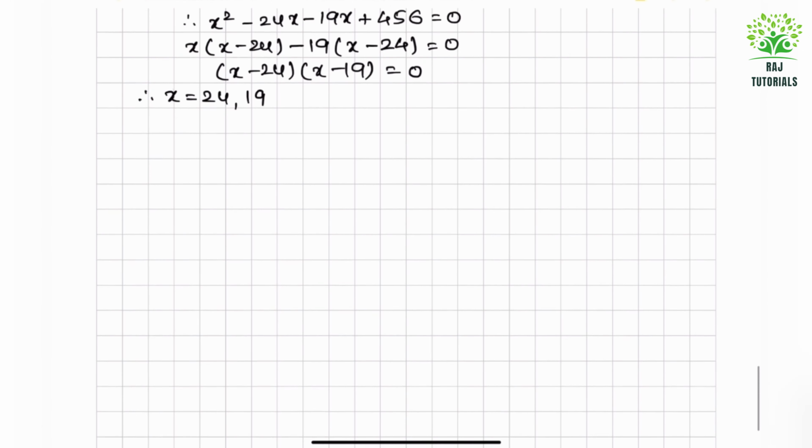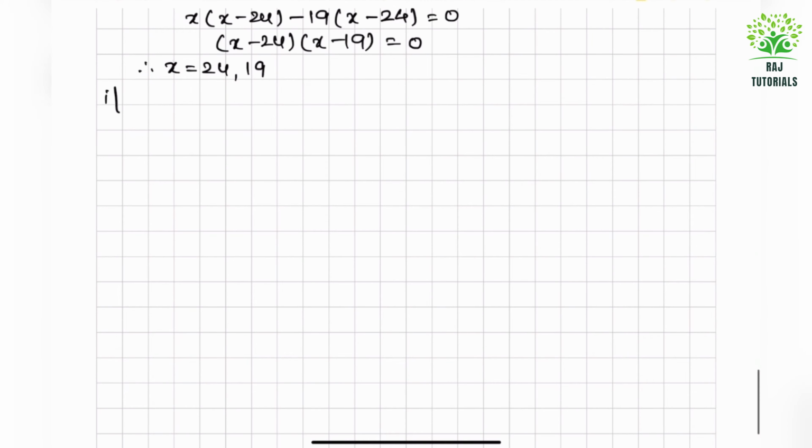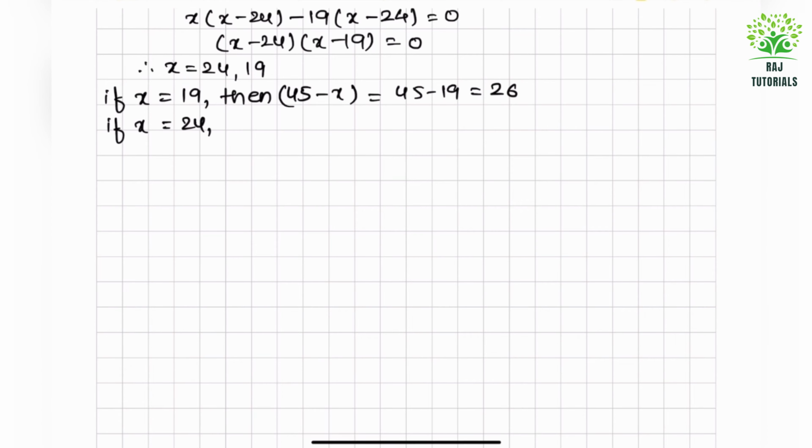So now if x = 19, then 45 − x will be equal to 45 − 19, that is 26 marks. And if x = 24, then 45 − x will be equal to 45 − 24, that is 21.